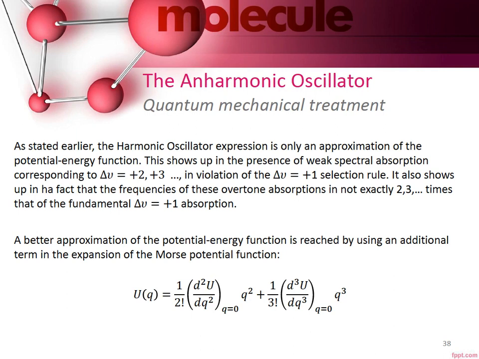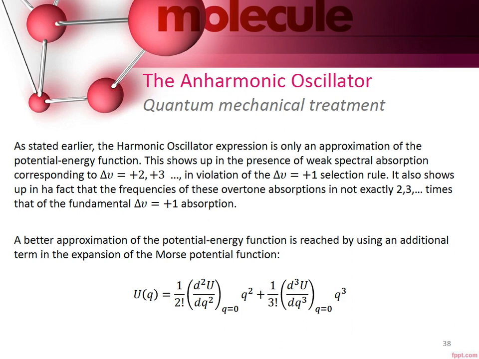Anharmonic oscillator. As you will see, in an anharmonic oscillator there will be the selection rule of delta V equal 1, but there will also be 2 and 3. Say that a molecule is vibrating at the energy corresponding to V equals 0, the ground energy of vibration.